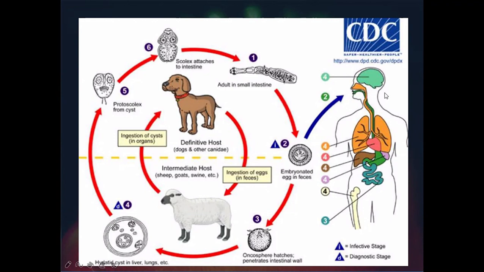We are an accidental intermediate host. So infective stage, when you talk about humans, is your embryonated eggs. Infective stage for the definitive hosts, which are canines, will be a protoscolex or the hydatid cyst.